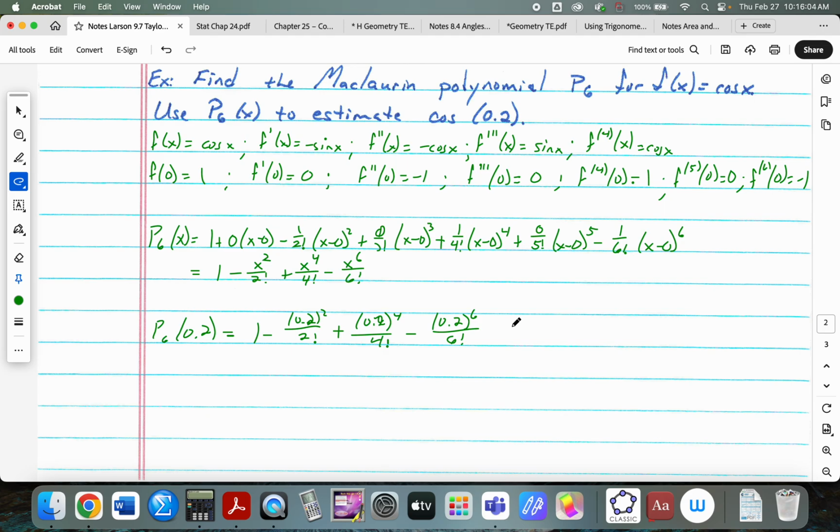Now, all this said, on the AP exam, if you are asked to make a Taylor or a Maclaurin polynomial, they are almost never going to give you the function. Instead, they're likely to give you values of the function and values of its derivative, right?